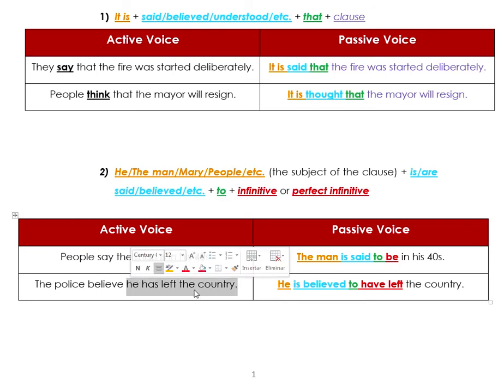Cuando tenemos alguna oración que hace referencia al pasado, vamos a utilizar el perfect infinitive. Cuando tenemos presente perfecto, pasado simple, pasado continuo, pasado perfecto. En este caso, tenemos presente perfecto, entonces yo voy a utilizar el perfect infinitive, to have left the country.